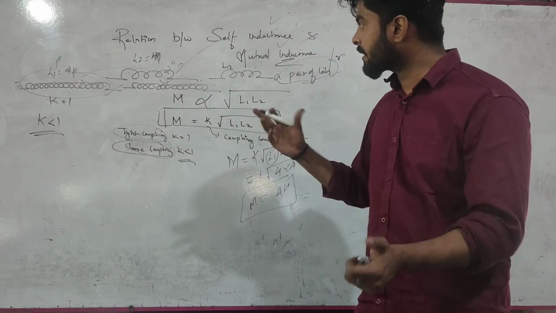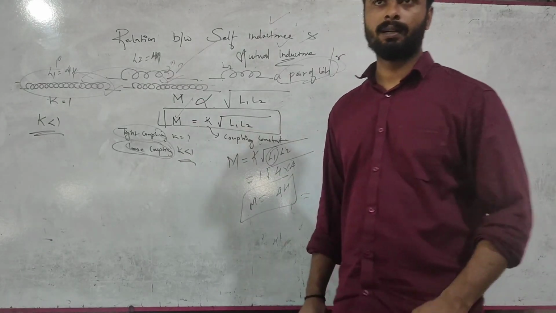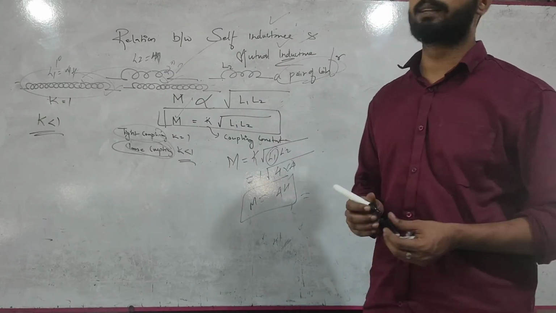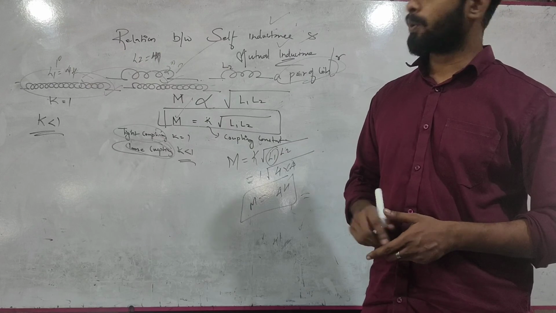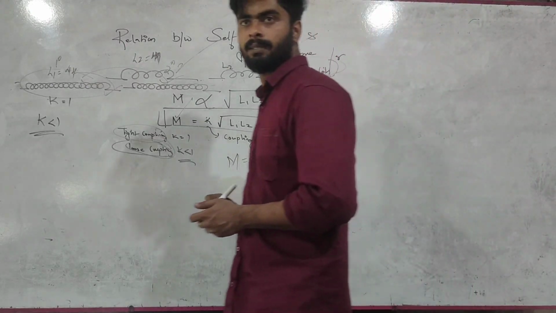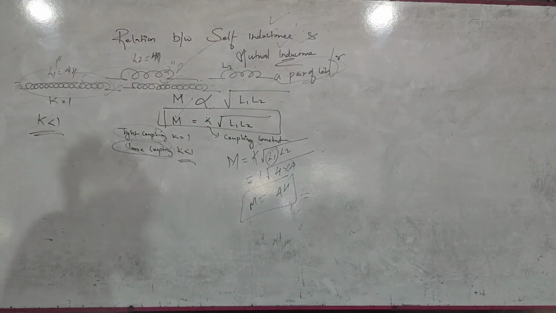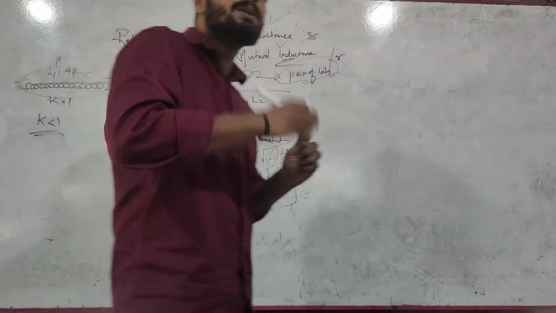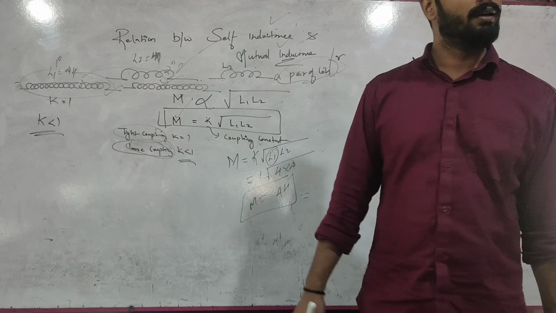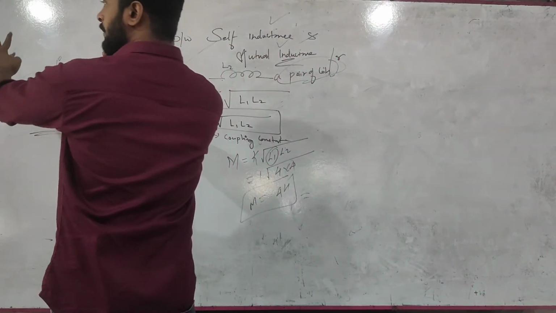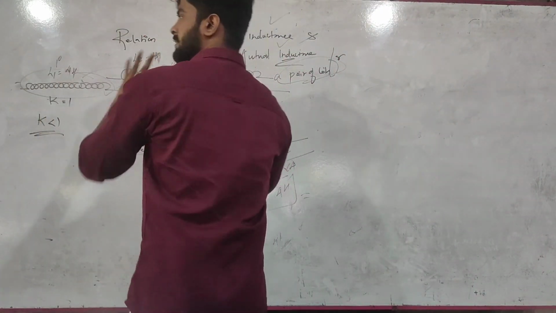So if you have self-inductances, you can find mutual inductance. This is the relationship between mutual inductance and self-inductance. And you understand what is tight coupling. Tight coupling is nothing but winding the primary and secondary coils very closely to each other. If so, the complete flux linked with the primary coil will be available to the secondary coil.